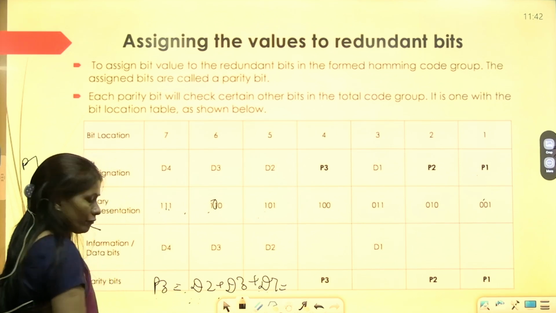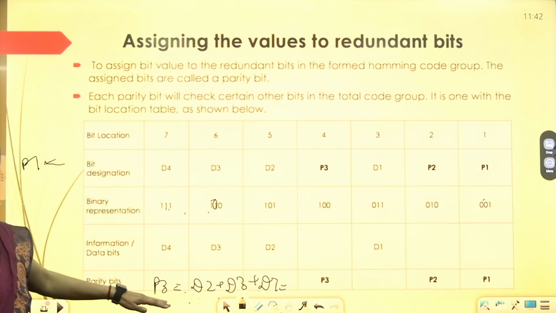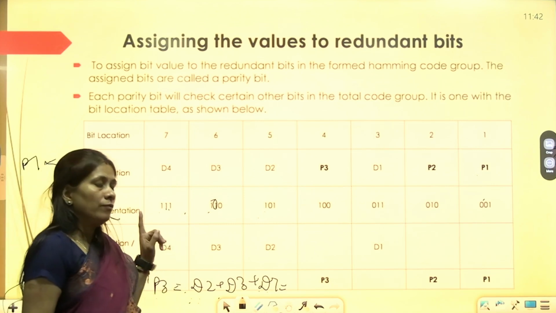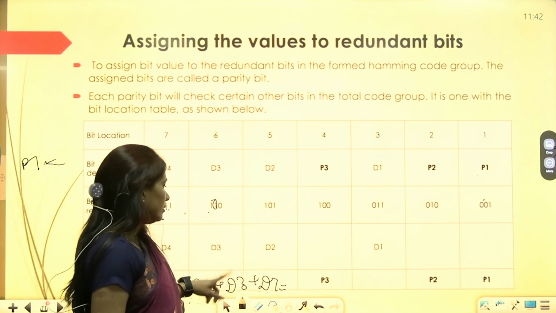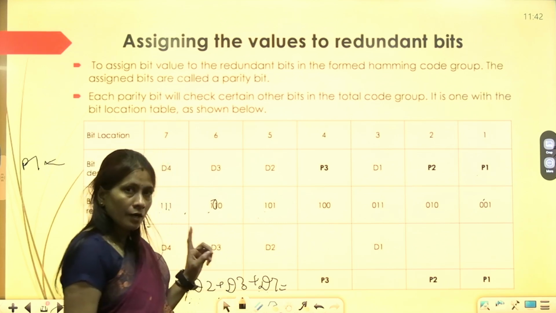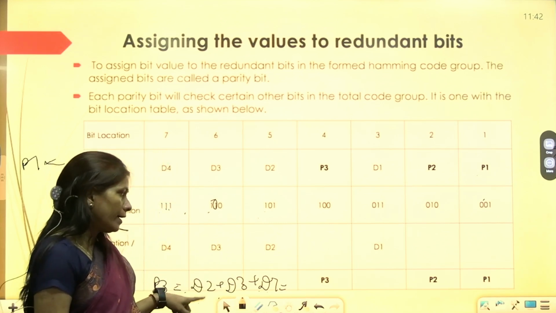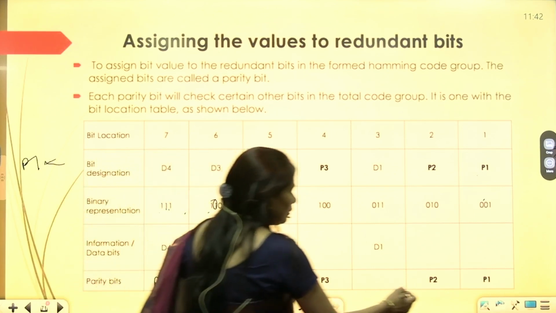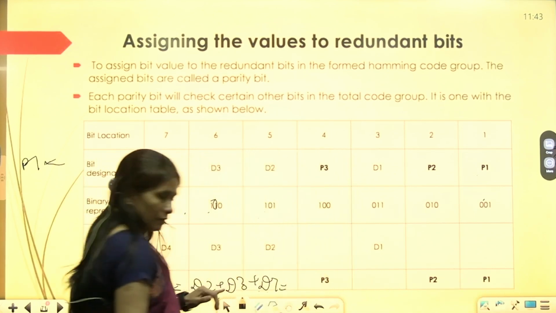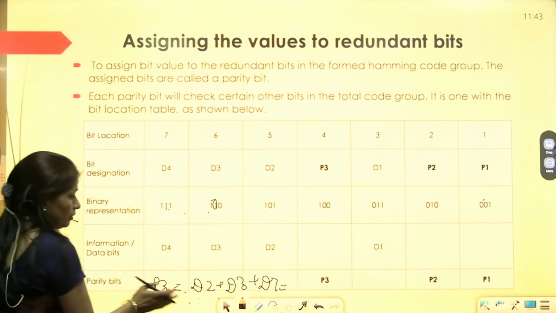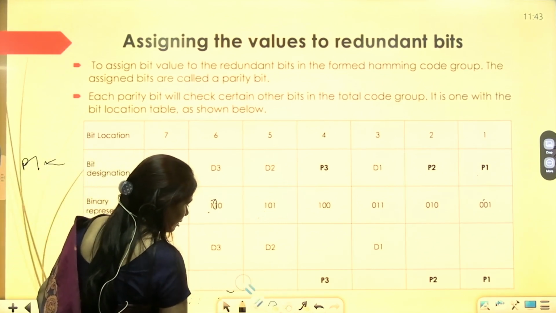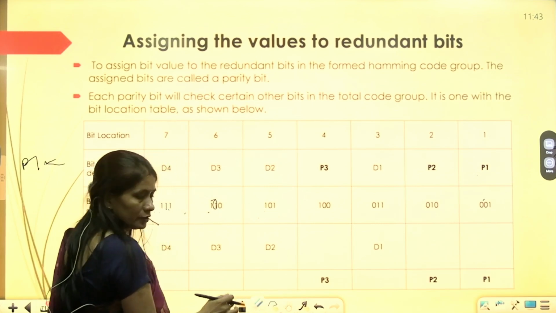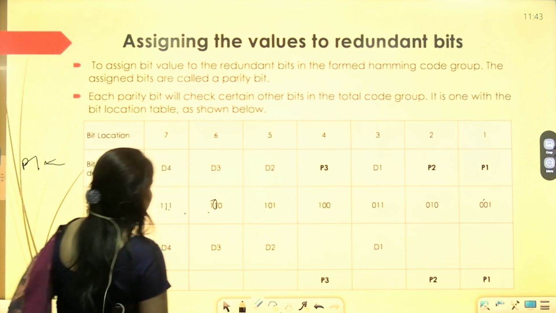Check the number of ones. If the number of ones is odd, then add 1. If the number of ones is even, then add 0. The parity bit value is 1.